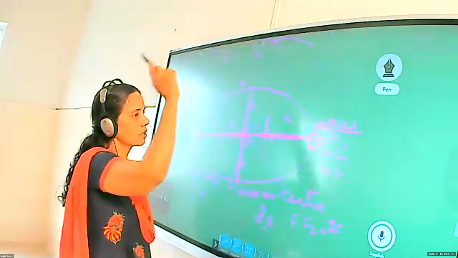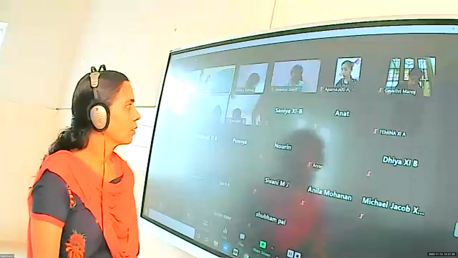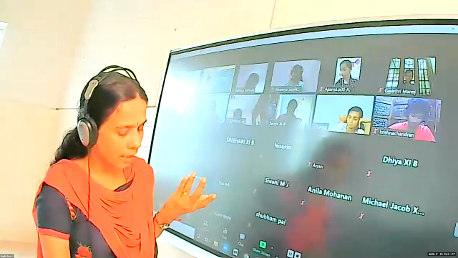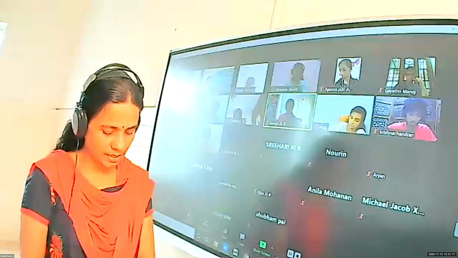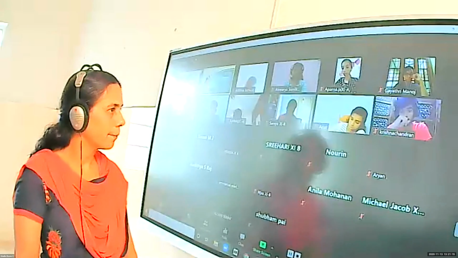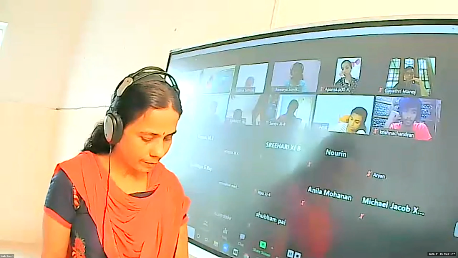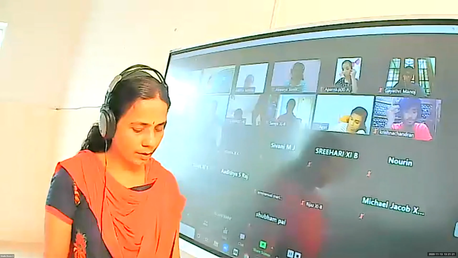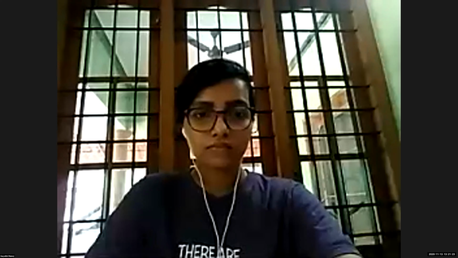Is it clear? What are the notations we are using? What is 2a? Length of the major axis. What is 2b? Length of the minor axis.